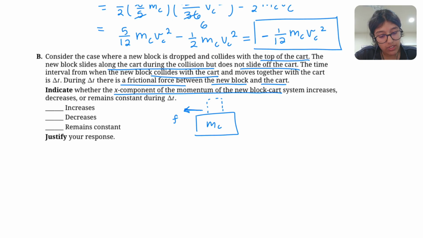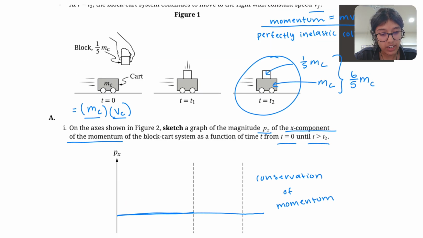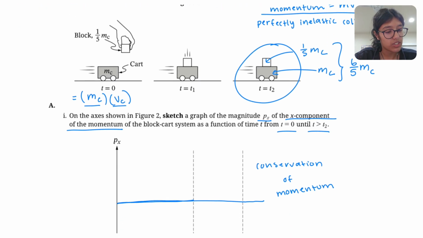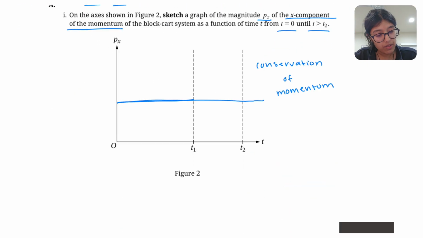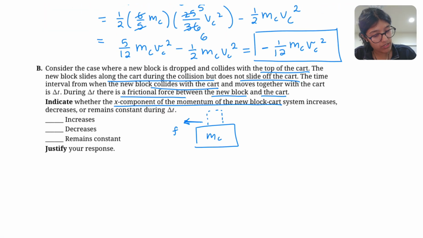And my thought process over here is that I'm thinking the momentum will only change if there is an external force, right? That's basically what we talked about in the beginning, because in the beginning we saw that there was no external force, hence conservation of momentum.